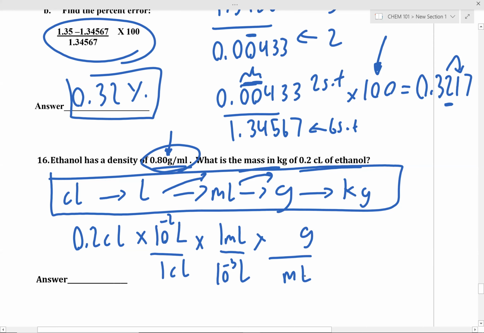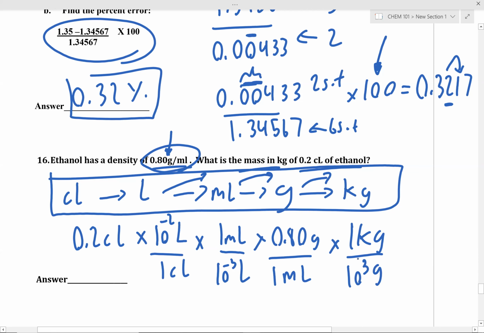Yes. So how many grams are there per 1 mil? 0.8. And let's be specific here, it's 0.80 grams. And then to get to kilograms, what goes on top? Kilograms. So we have 1 kilogram per how many gram? 10 to the third, exactly.